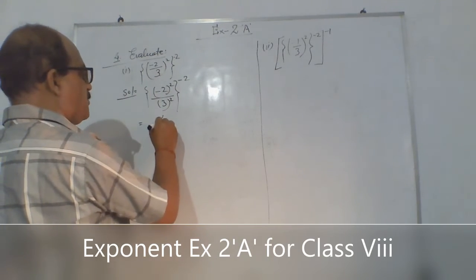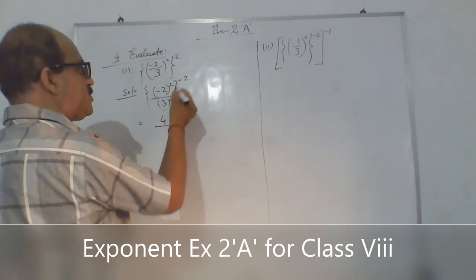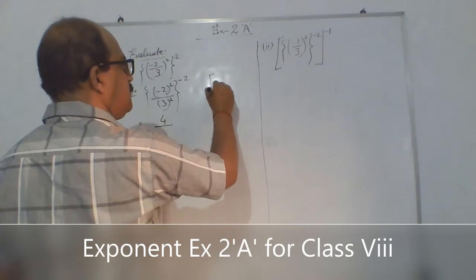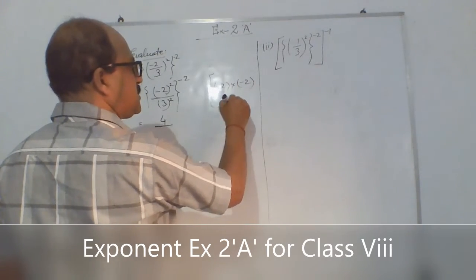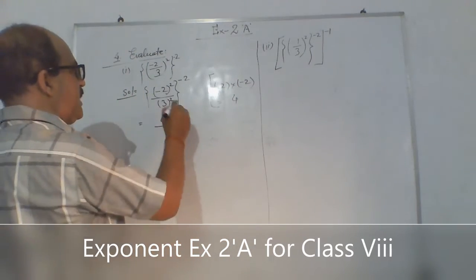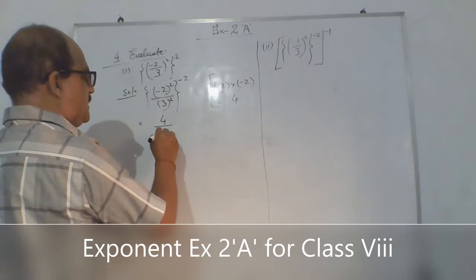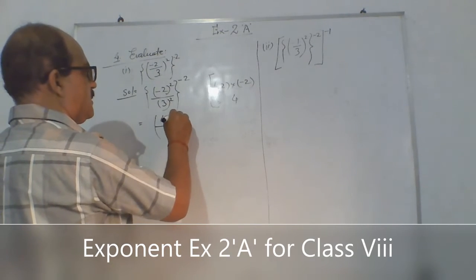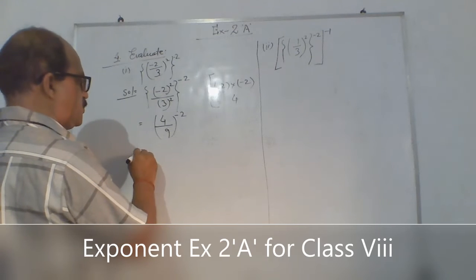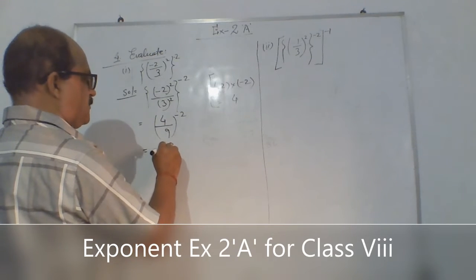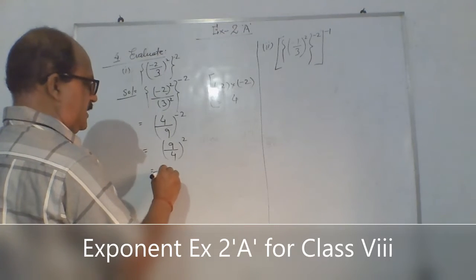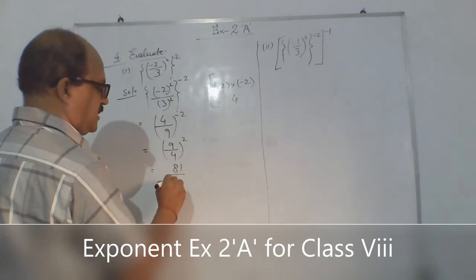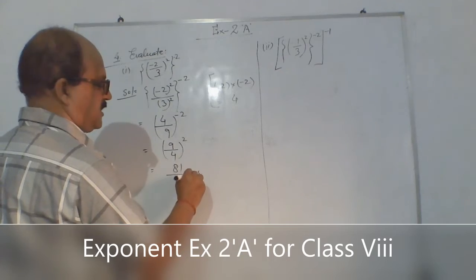So 2 2s are 4, minus 2 into minus 2, the simplification is 4, and 3 3s are 9, and the exponent here is minus 2. Write it in the reciprocal form, and the power to 9 9s are 81 and 4 4s are 16. This one is the answer.